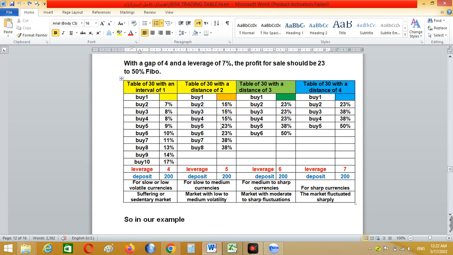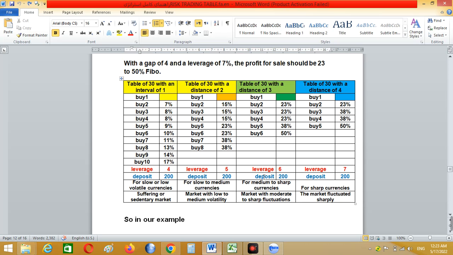For two steps, for slow or medium currencies, and for three steps, for medium to sharp currencies. This is useful for sharp fluctuation, this for medium volatility, and this is for a sedentary market. And for four steps, for sharp currencies, it means you can use it for sharp fluctuations.